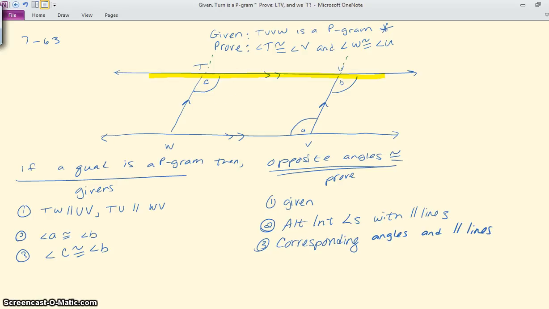And that gives us one pair of opposite congruent angles.